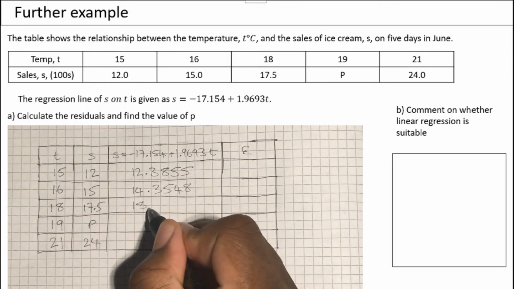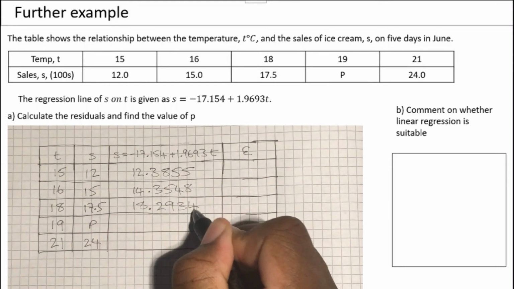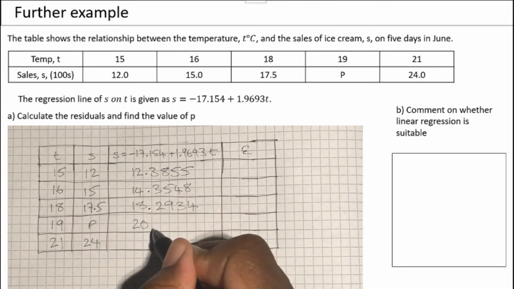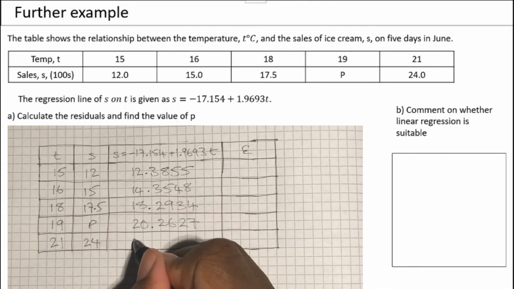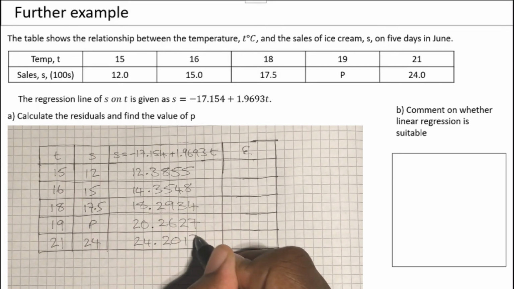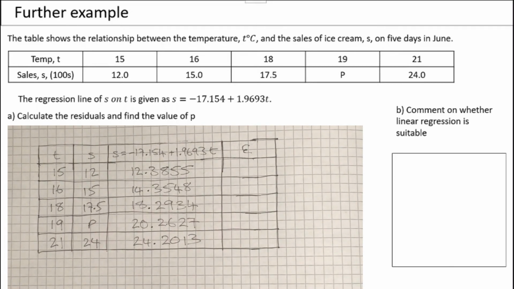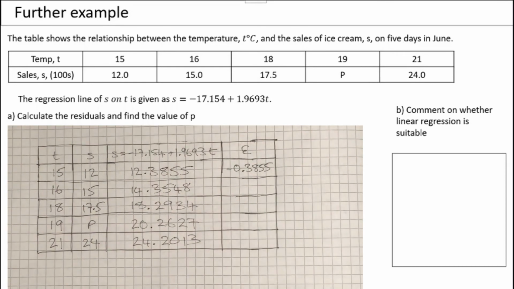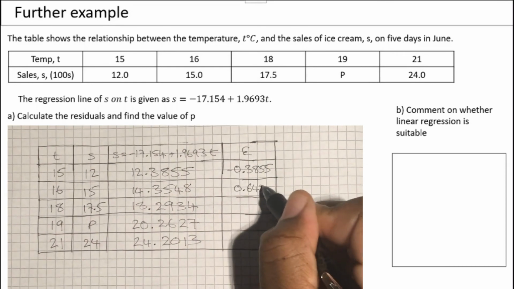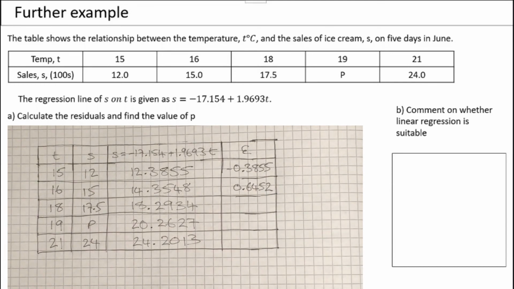Well, let's go ahead and fill in our table as usual. So I've got my T values and my S values, and here I'm calculating the output I would have got if I substituted into the function. Now, we need to find the difference between each of these and the actual data point value that we found.